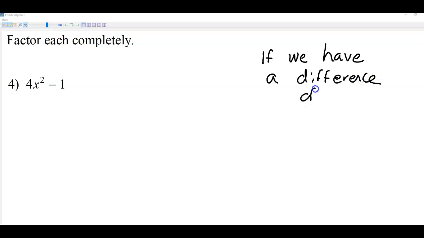So I should probably write this down. If we have a difference of squares, two perfect squares being subtracted, then it factors like this.